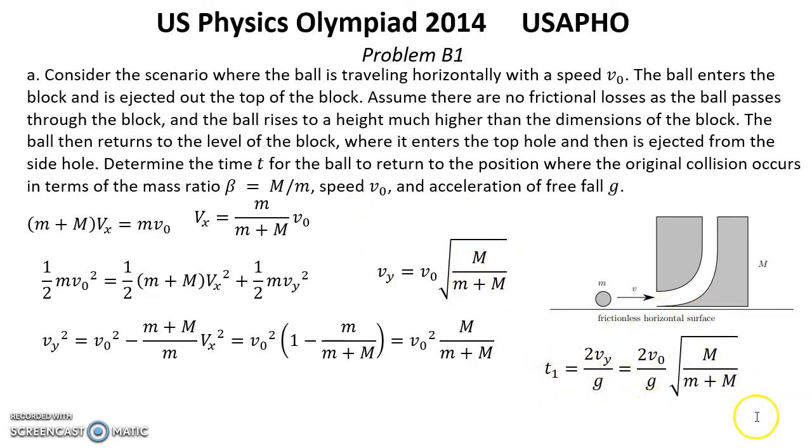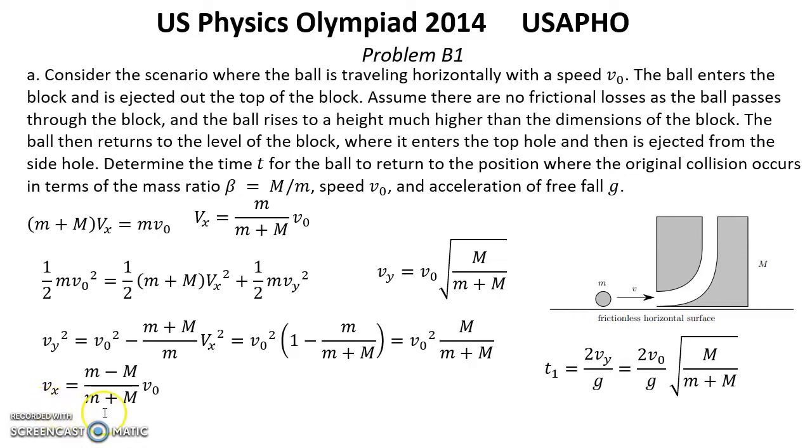Using Vy from here, we can put it here and find the expression for t1. And the last thing, we have to find the time for the ball to travel back to the initial point. Because we have absolutely elastic interaction, we can use the formula for velocities after an absolutely elastic collision.